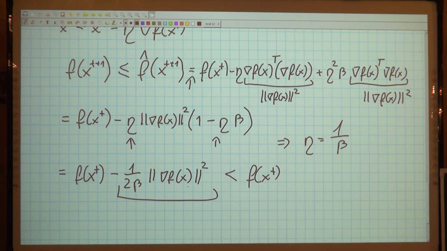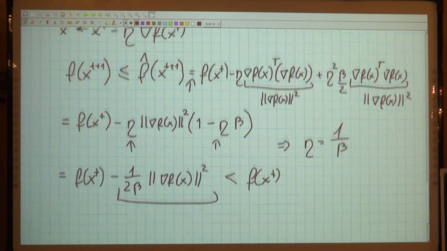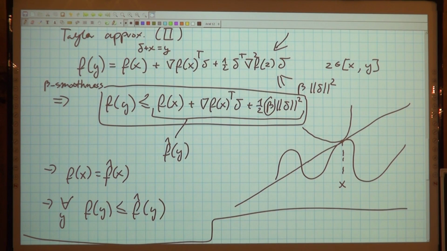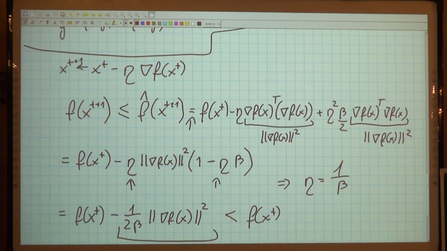When you plug in eta equal to 1 over beta. Yeah, I forgot that there is a 2 here, because in the Taylor approximation we have 1/2 here, which I forgot. So I knew what I had to get, but then I cheated, and that's the problem. Thanks for catching it.